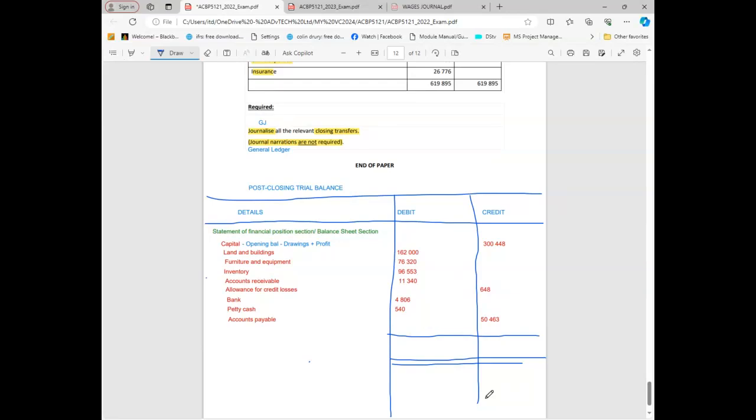On the debit side, the amount is 351,559. Thank you. And then on the credit side it is 351,559. Yes, it balances.